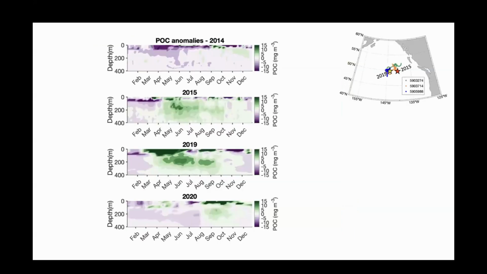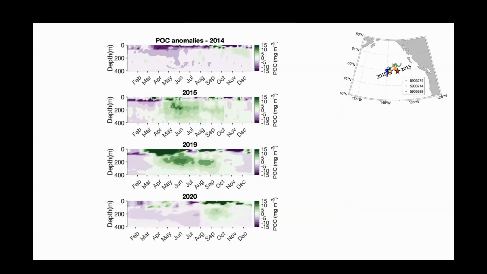Then we can take a look at POC anomalies to see if this propagation was normal in other years, the years that we don't have the marine heat waves, or if it was a feature of the marine heat waves. You can see the green is positive anomalies, a lot of POC in relation to non-marine heat wave years, and purple has negative anomalies.